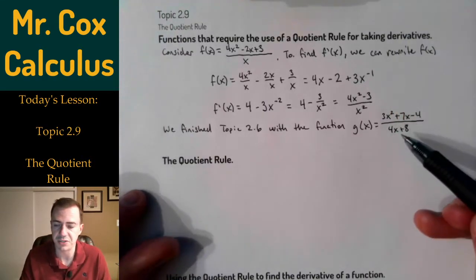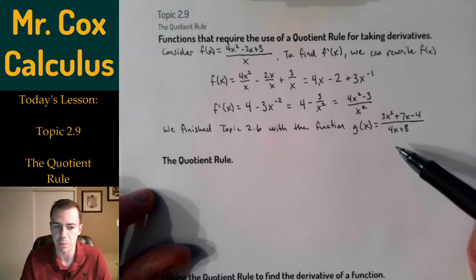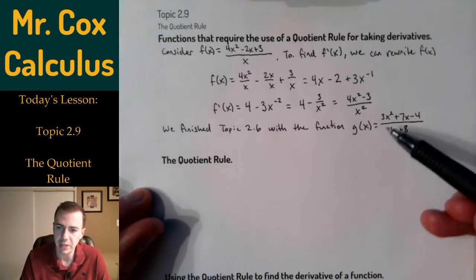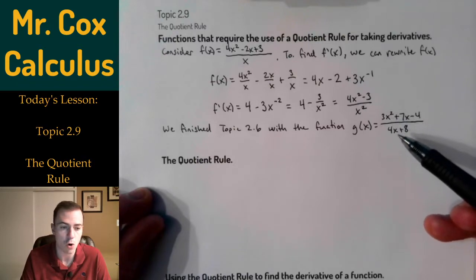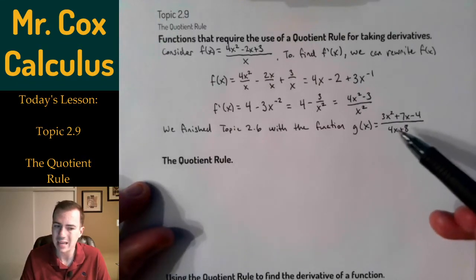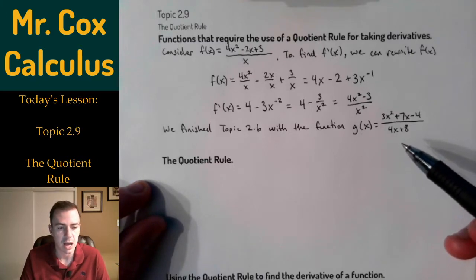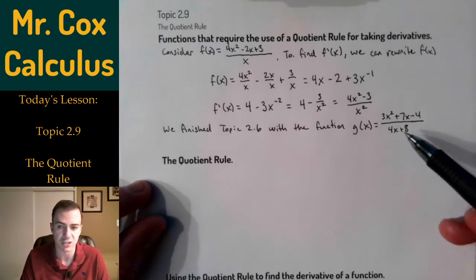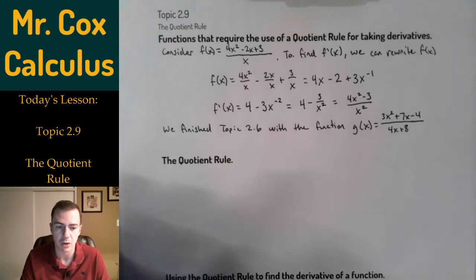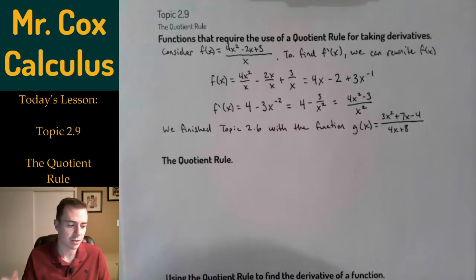And the thing that was different was that now the denominator was a binomial. So if I try to split it up, I would get 3x squared over 4x plus 8, but I can't split up the 4x plus 8. That's one of the rules you learn early on when it comes to operations with fractions, is you cannot split up the denominator the way you can the numerator.